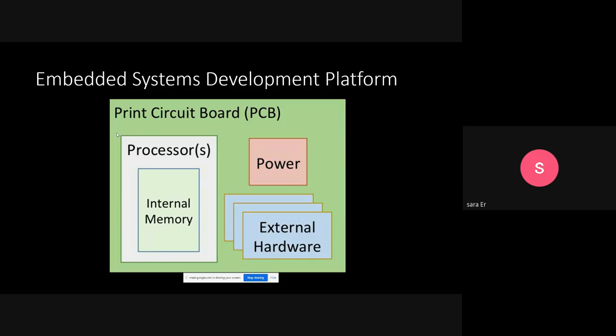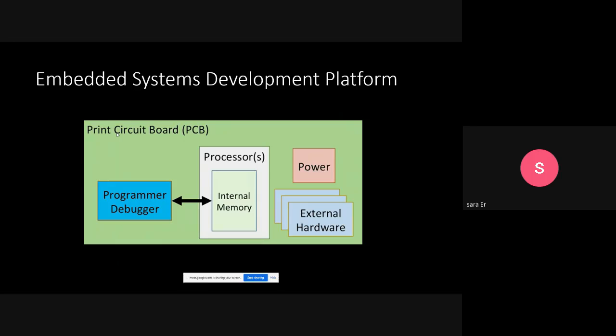Every PCB contains the processor elements, the power section, and the section for external hardware, which we discuss in the upcoming slides. Also, in every chipset, there is a programmer or debugging section dedicated to a specific IC that we will show you. This IC is dedicated to the debugging or programming operation.